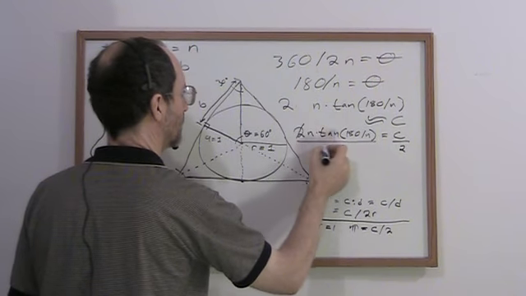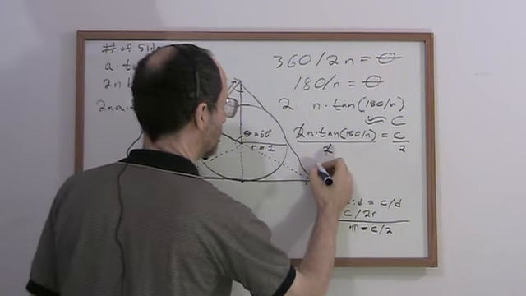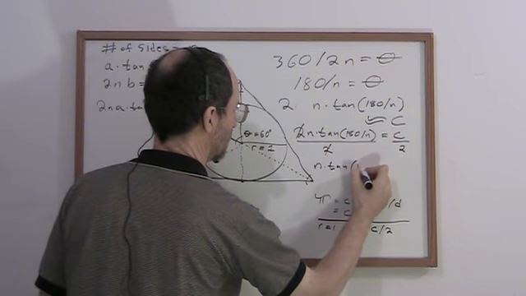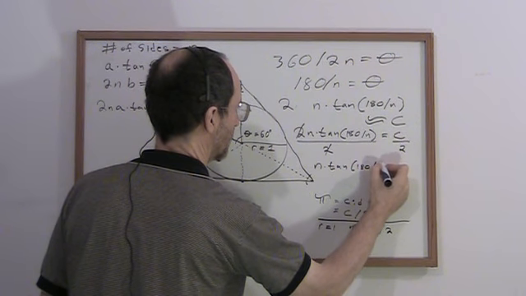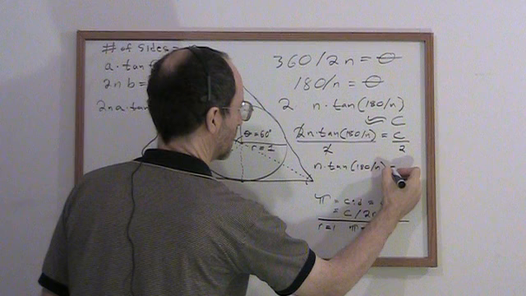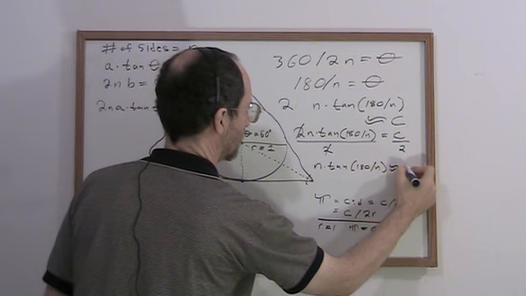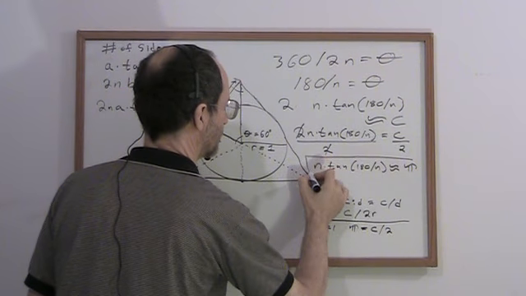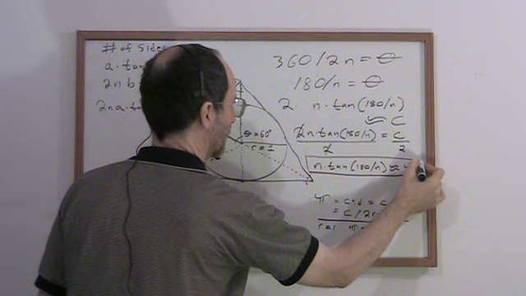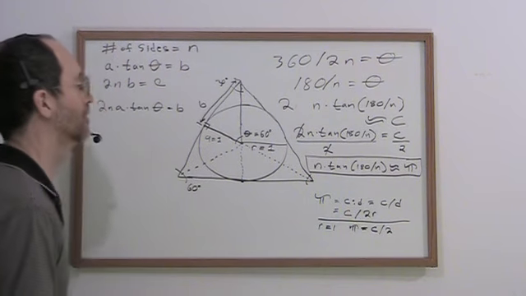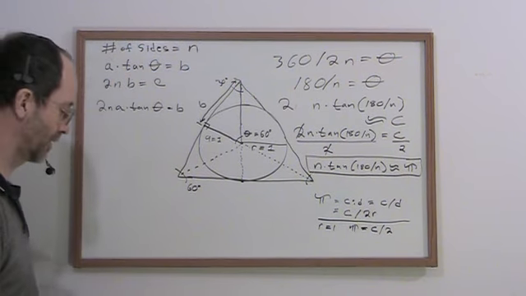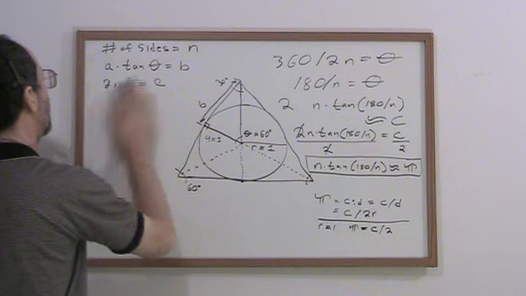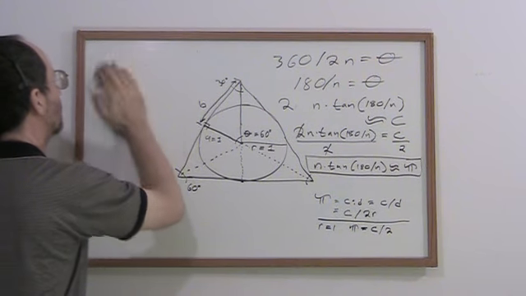This simplifies to n tangent 180 over n is our approximation of pi. This is what we wanted to derive. Okay, now we can clean this all up here and start working.